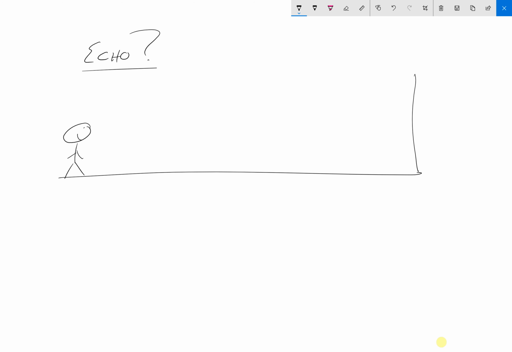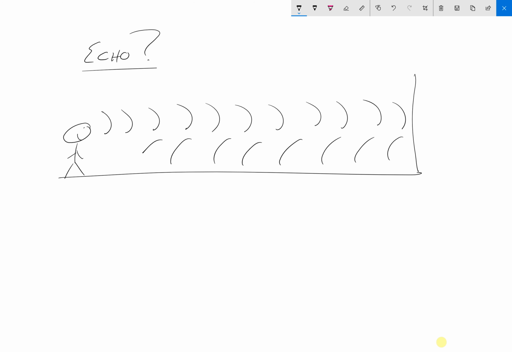So when you shout, the sound wave travels toward the wall. It hits the wall and bounces back, and you hear it. Let's say that this takes 10 seconds to hear an echo.